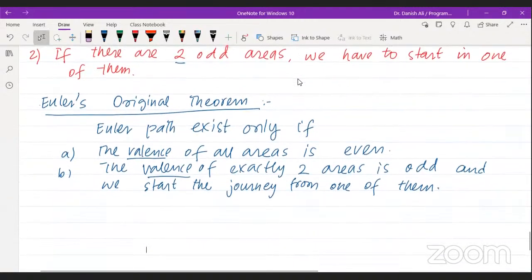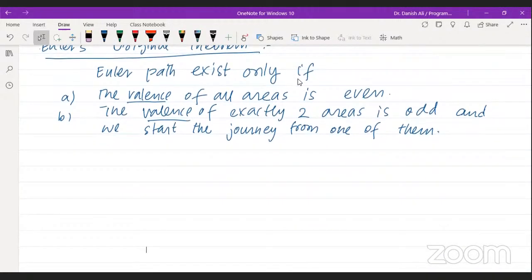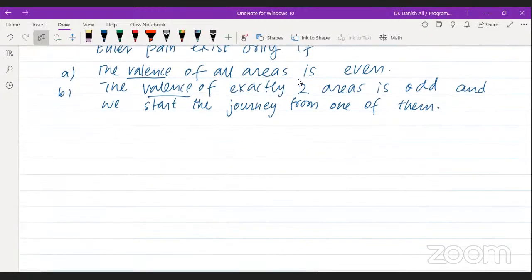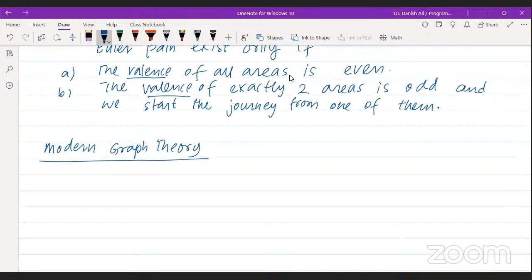So in the last part, I want to go through quickly the version of this problem in modern graph theory. In modern graph theory, the Königsberg bridges will be represented by the following graph.